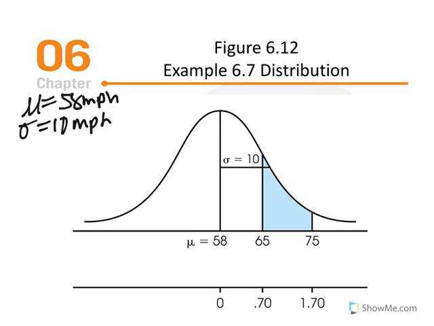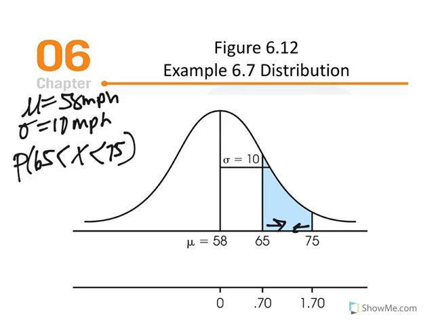And now we're interested in looking at the probability, using the same driving speeds, what proportion of cars are traveling between 65 and 75? So again, we're looking at below 75 yet above 65.